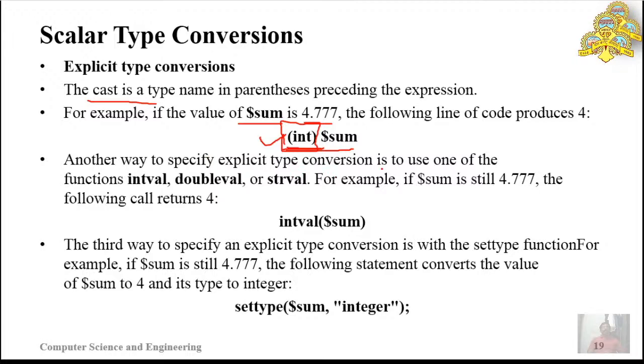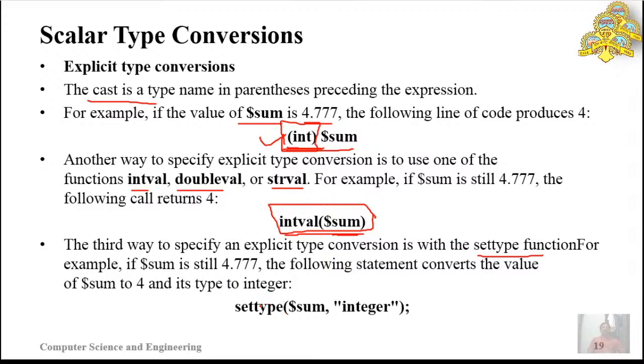In another way, we can use the type conversion functions, that is intval, doubleval and strval. Here $sum is used as the parameter to this function, and this function returns the value of the specified type. For example, if $sum contains the value 4.777, then this function returns the value 4. In the third way, we use the settype function, which directly converts the value of the variable.